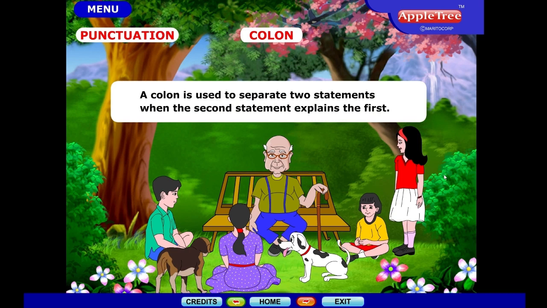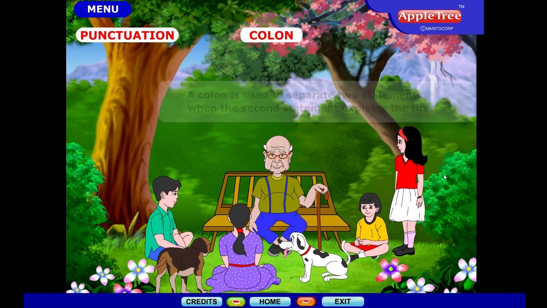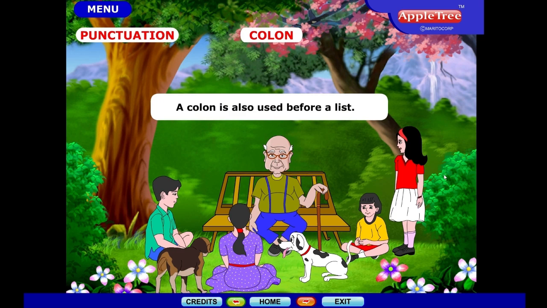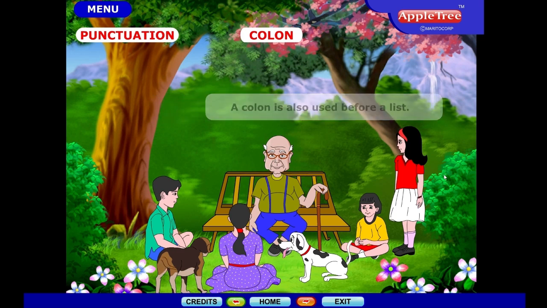A colon is used to separate 2 statements when the second statement explains the first. Example: I was late to school today: I could not catch the bus and I had to walk. A colon is also used before a list.